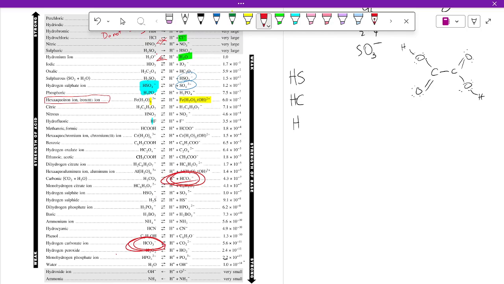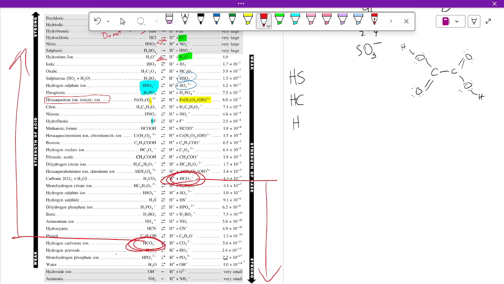Just judging from their position on the table, HCO3 minus, circled in red, is it stronger as a base or is it stronger as an acid? It's stronger as a base because it is closer to the strong bases. This is very, very far from the strong acid. So if you were just doing it on a multiple choice, you could just do it visually.